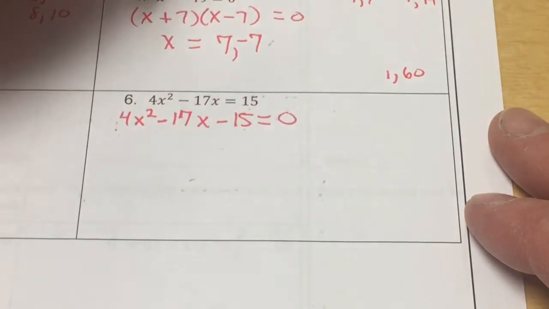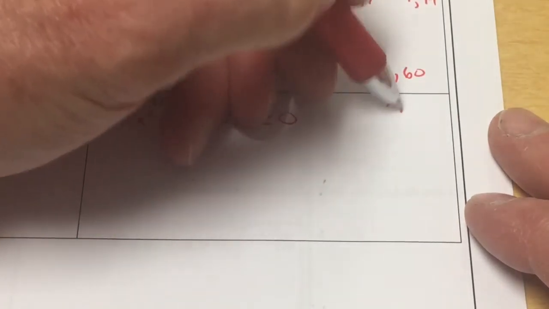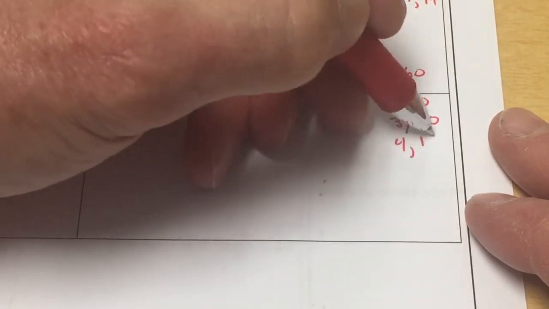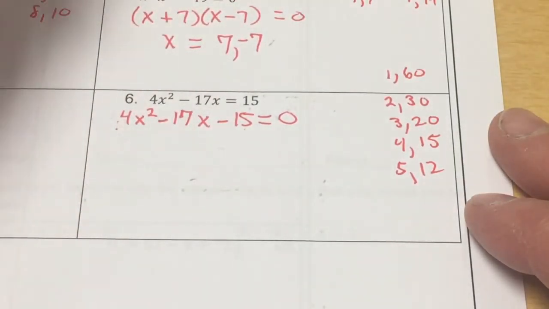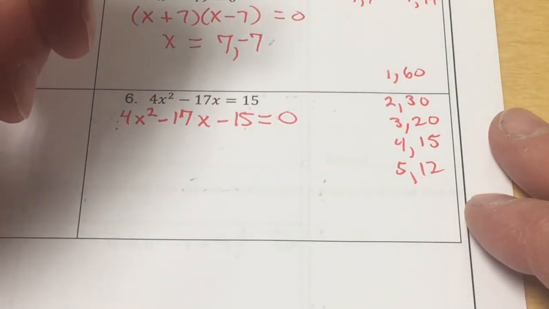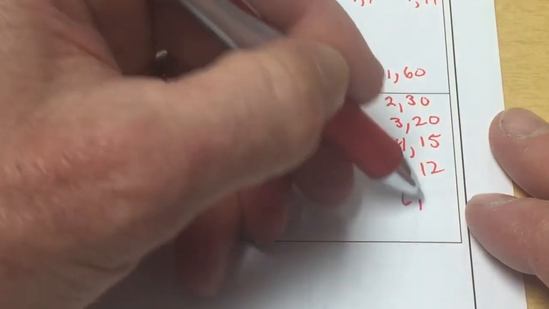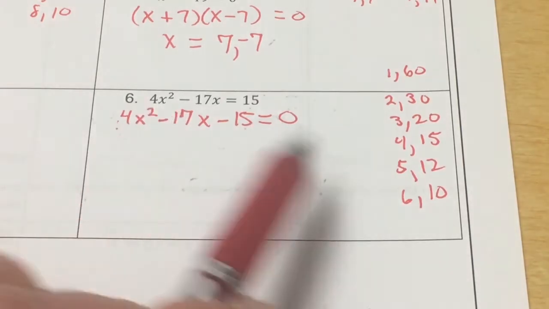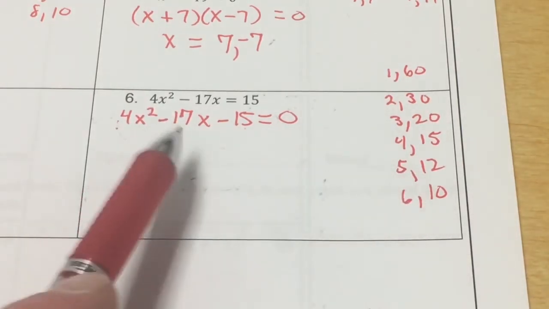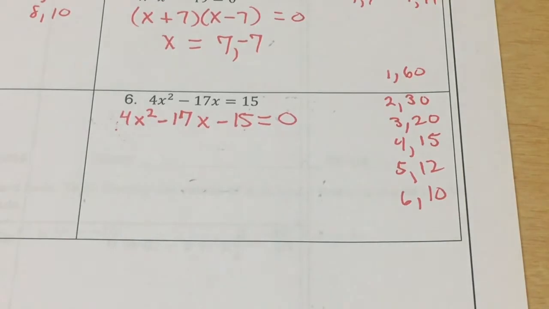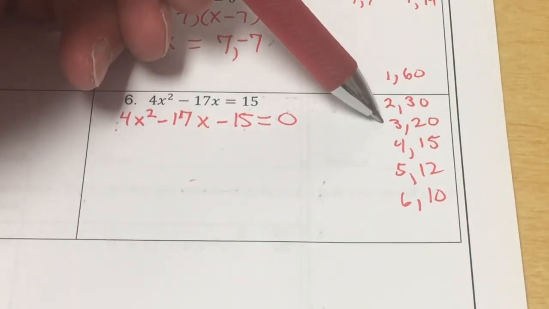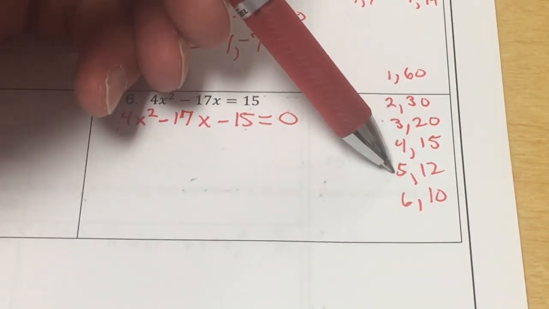So we could do that with 1 times 60, 2 times 30, 3 times 20, 4 times 15, 5 times 12, and let's see, 6 times 10. Okay, we've got a lot to choose from there. We need to choose a pair that can make 17 in the middle. Now we have two choices. We could do it with 3 and 20, and we could do it with 5 and 12.